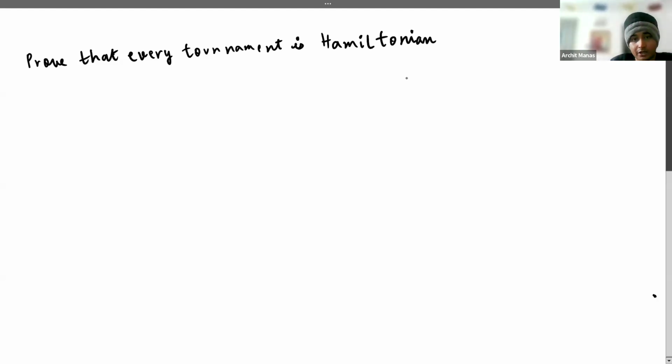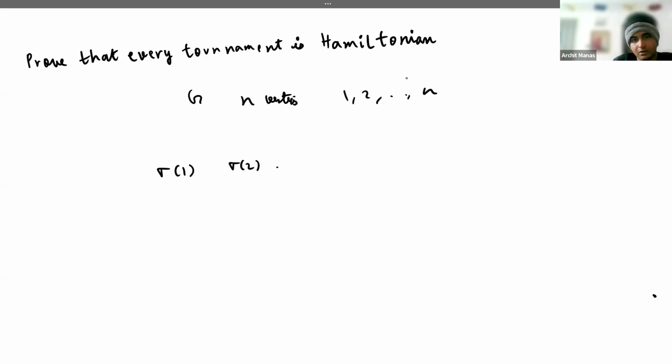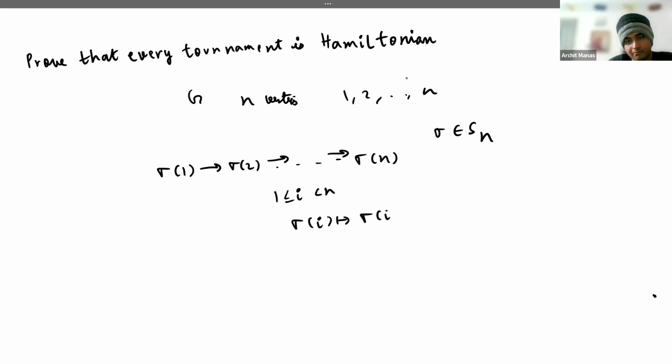That means you can find some ordering of the vertices. So if G is a tournament on n vertices, let's say they're numbered 1 through n, then you can find a permutation of these, sigma_1, sigma_2, ..., sigma_n, such that there is an edge from sigma_i to sigma_{i+1} for all 1 ≤ i < n. Essentially, a Hamiltonian path.